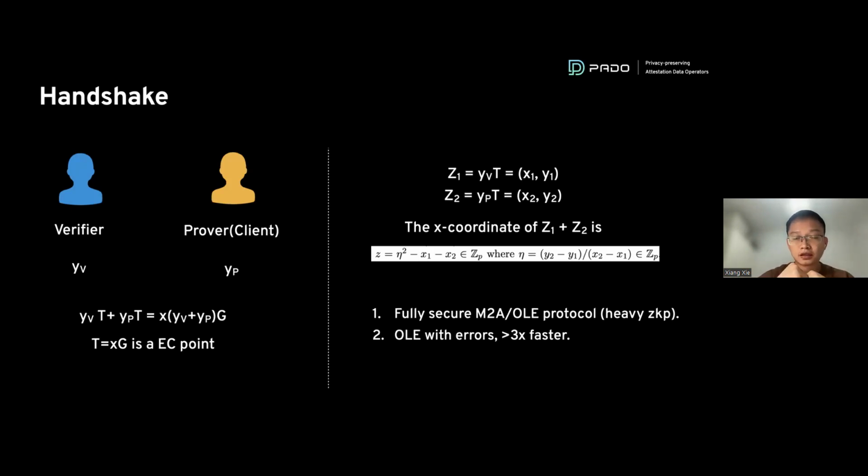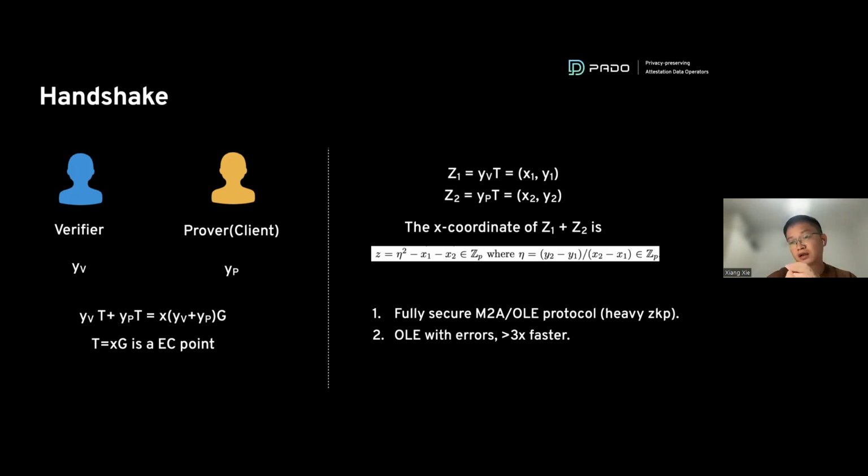The key point is that the verifier gets a point Z1, and the prover gets a point Z2, and they want to compute the x coordinate of Z1 plus Z2 on the elliptic curve. If you do some math, it's just to compute z equals eta squared minus x1 minus x2, where eta is given by this equation.